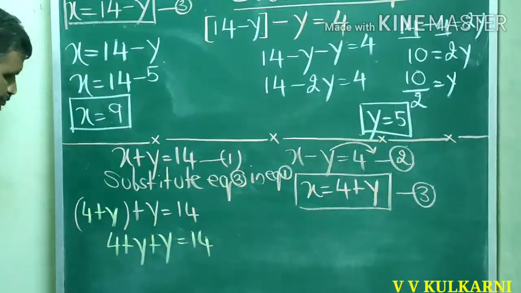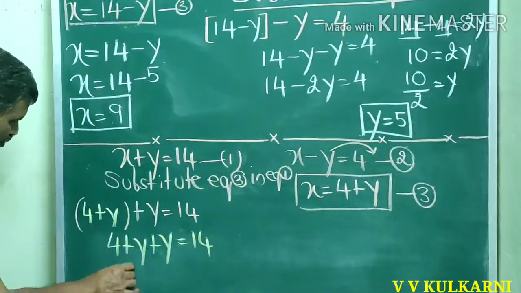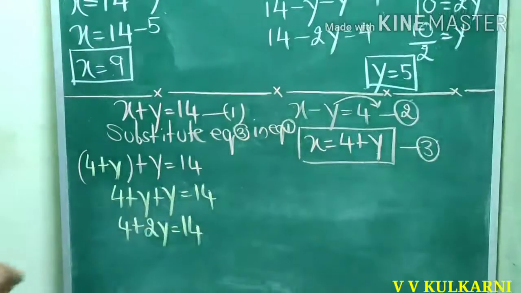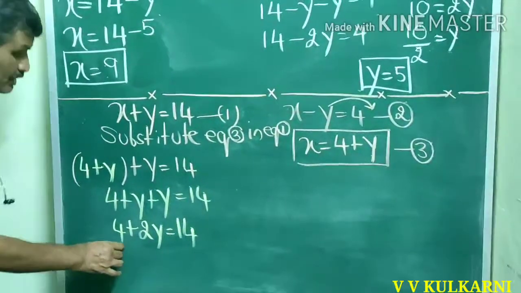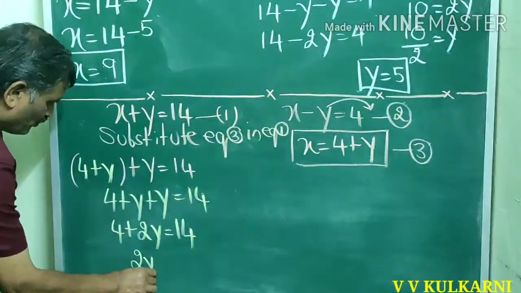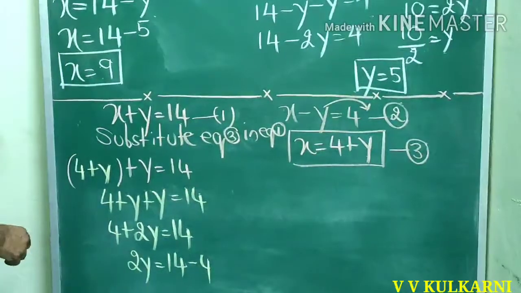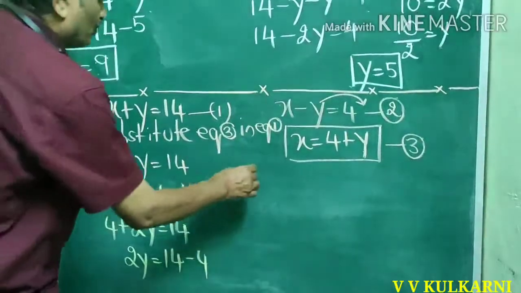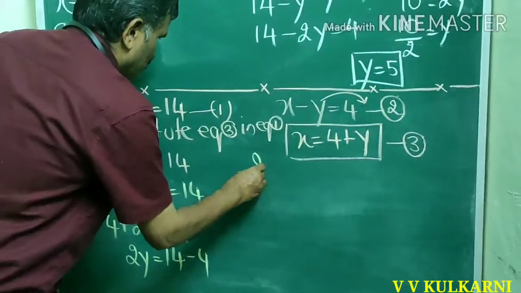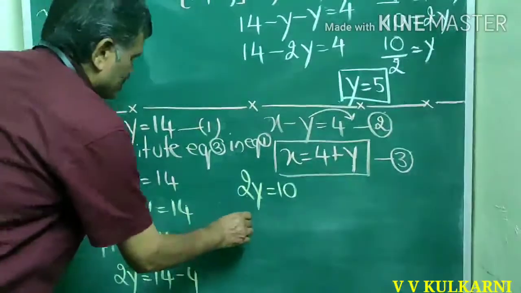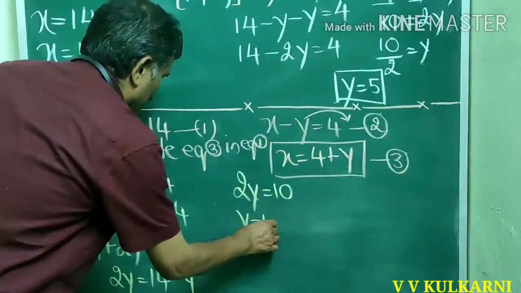Let's see what happens. If I continue, 4 plus y plus y is equal to 14. That means 4 plus 2y is equal to 14. So 2y is equal to 14 minus 4. If 2y is equal to 14 minus 4, then 2y will be equal to 10. And if 2y is equal to 10, then y is equal to 5.